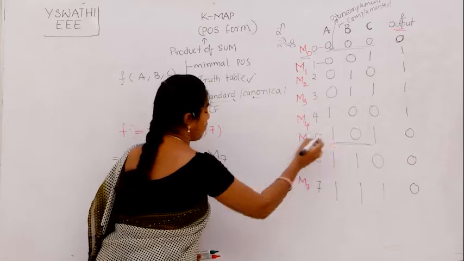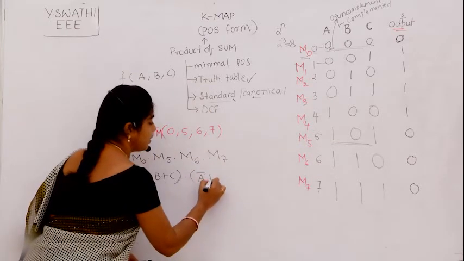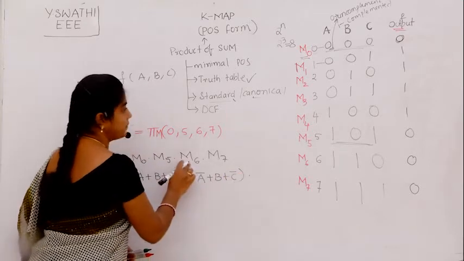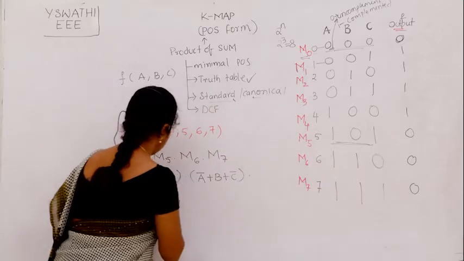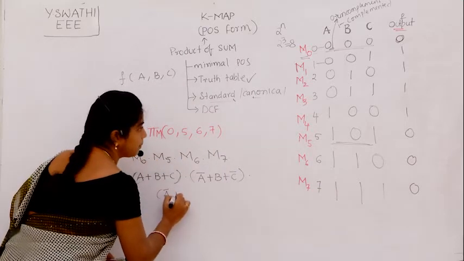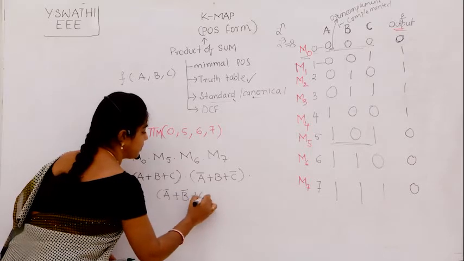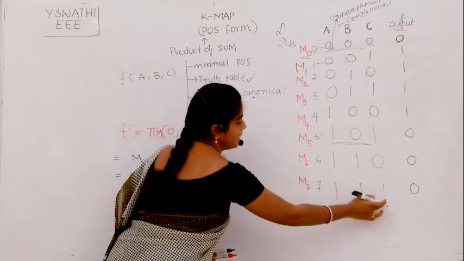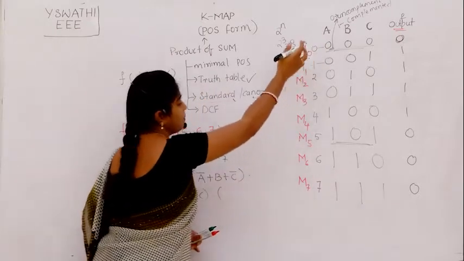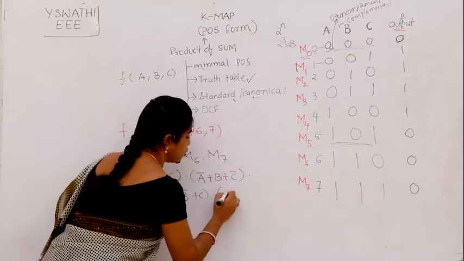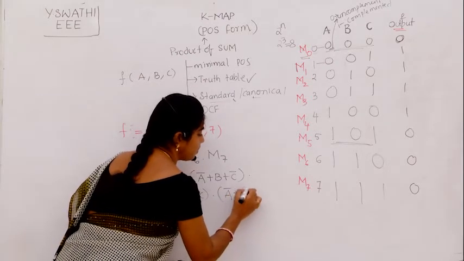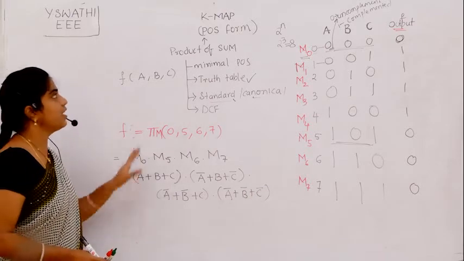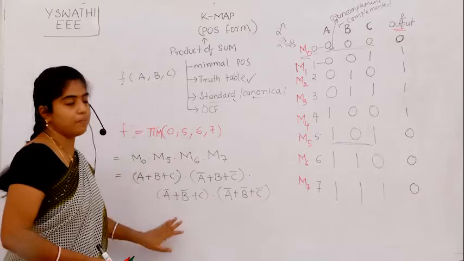So 1 is complemented, so A bar plus B plus C bar, dot M6 1, 1, 0, so A bar plus B bar plus C, dot M7, where A, B, C are all ones, so in complemented form: A bar plus B bar plus C bar. This is our standard canonical form representation of a given function in POS form.